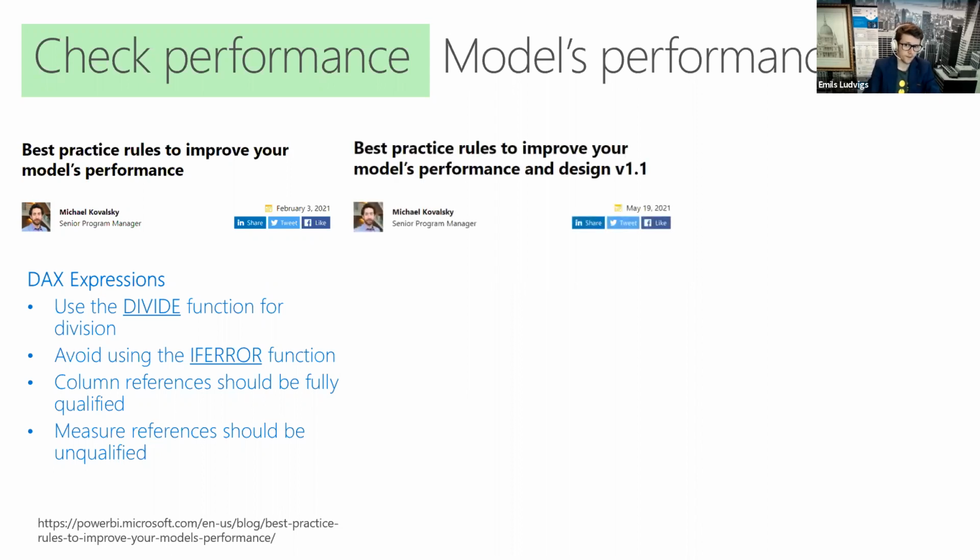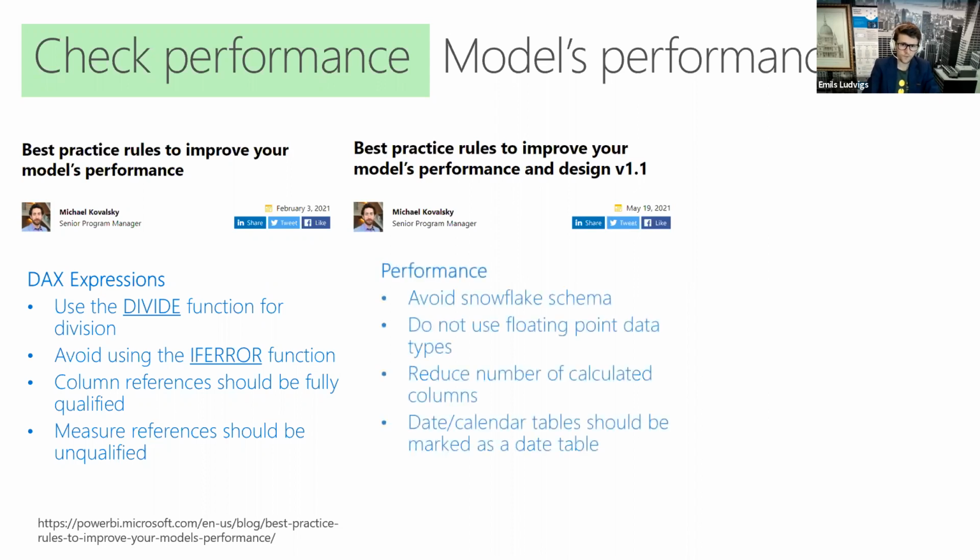And then in May, he updated his performance model with a few changes from the previous one, covering performance and how to improve your data model. The first thing he says is: try to avoid the snowflake schema. When you have the product category, and under it this product subcategory table, building nested tables, he says please don't do that.